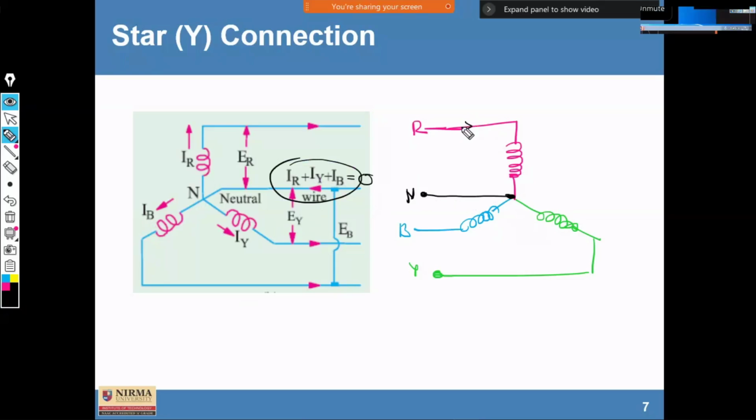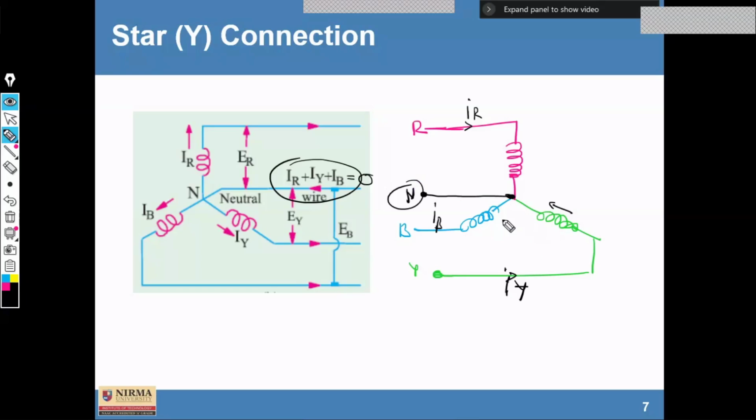If the currents IR, IY, and IB are similar or the same, according to Kirchhoff's current law the algebraic sum is zero at this point, and no current will flow from this neutral.